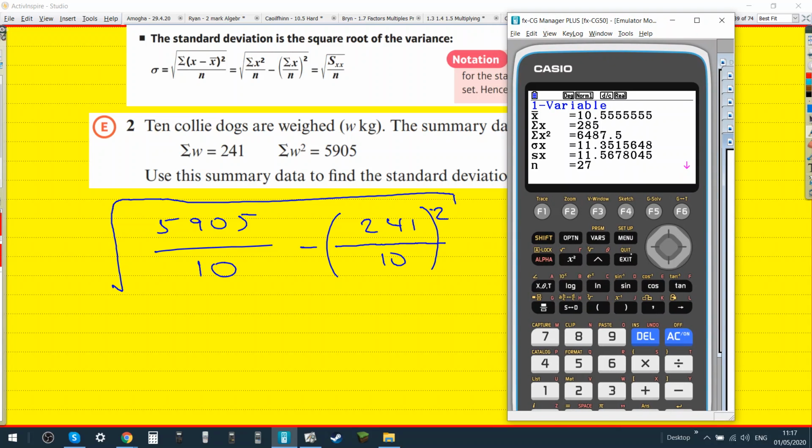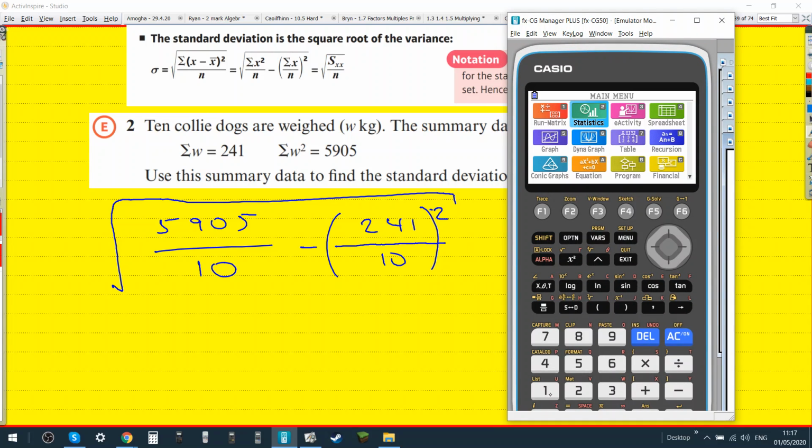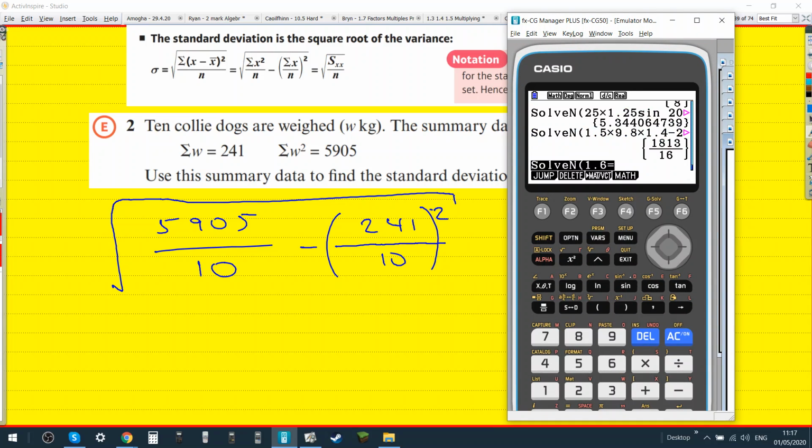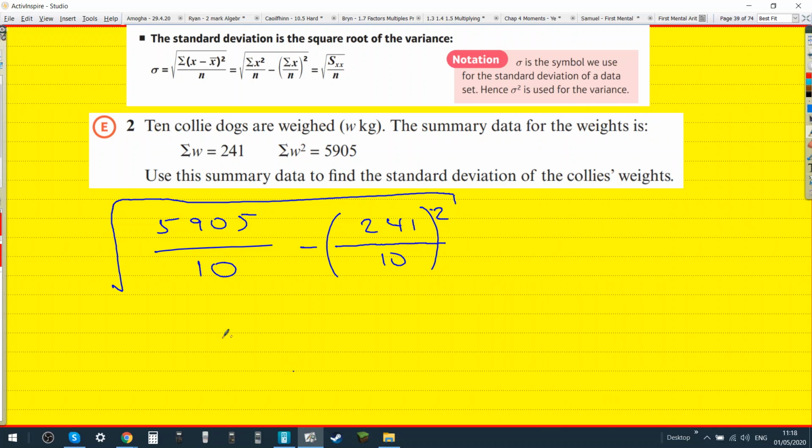I got root 969 over 10. And what is that? Oh, sorry, it's square root 969 and then divide that by 10.